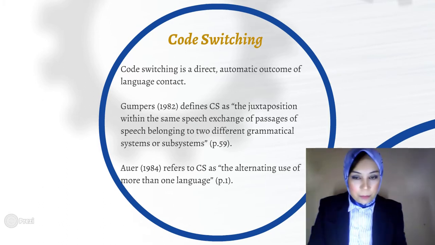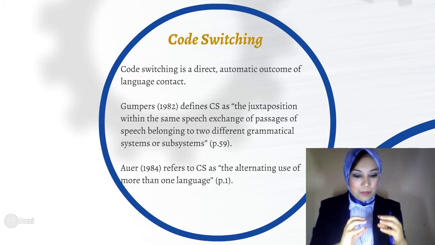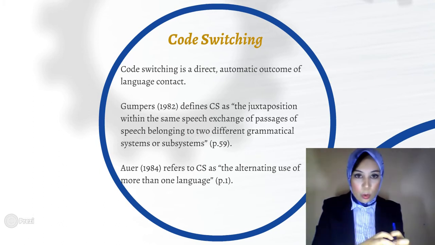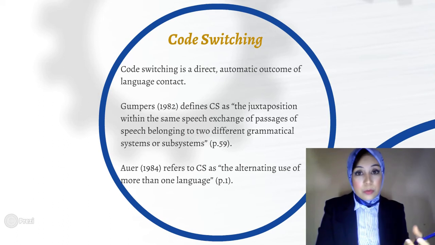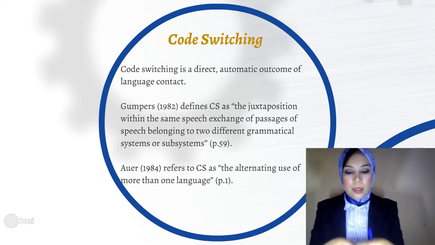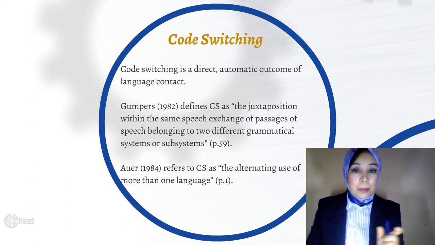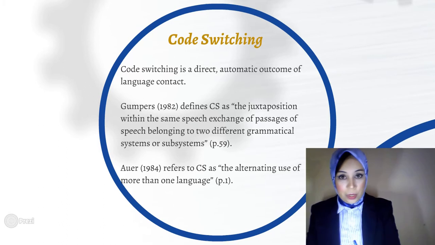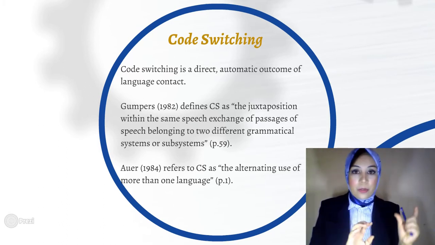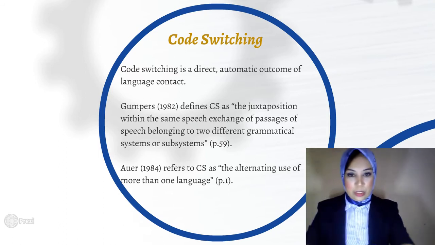The juxtaposition within the same speech means that we place one code next to the other, or even one element from one code placed within or close to another element from another code. This means we can place one word from a language plus another word from the other language, or one phrase from this language and the remaining sentence from another language, and so forth.